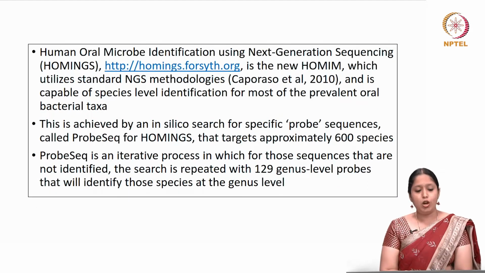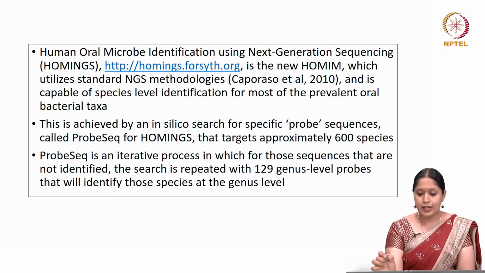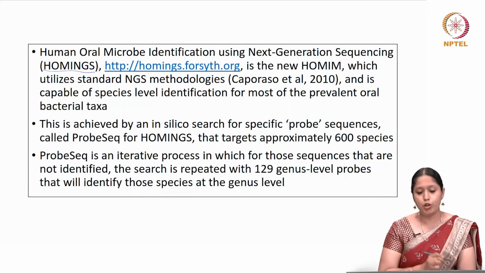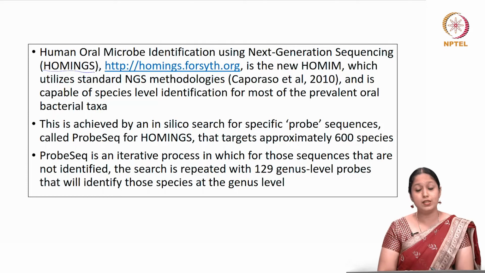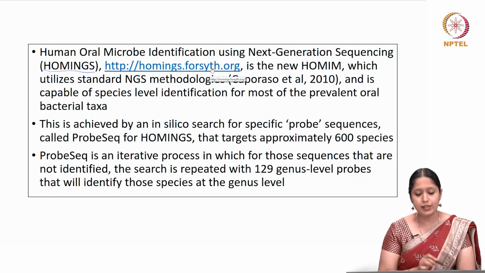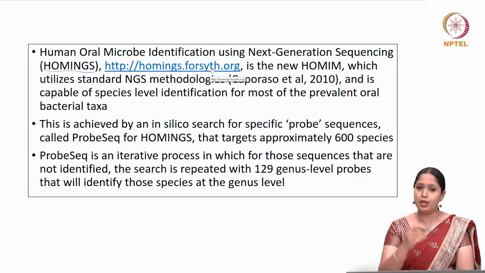So there is something called HOMINGS. HOMINGS refers to human oral microbiome identification using next generation sequencing, and you can see a link here. When you click that link it will go automatically to this page of HOMINGS, and you will be able to see the new species level identification of the bacterial tags.